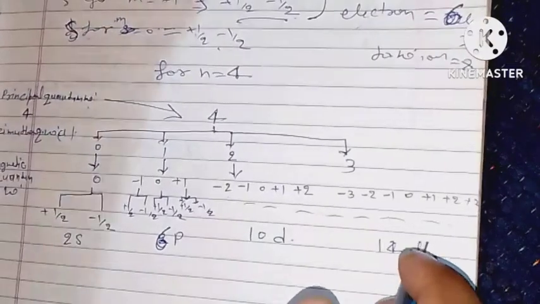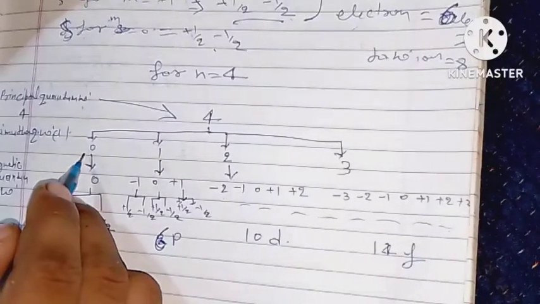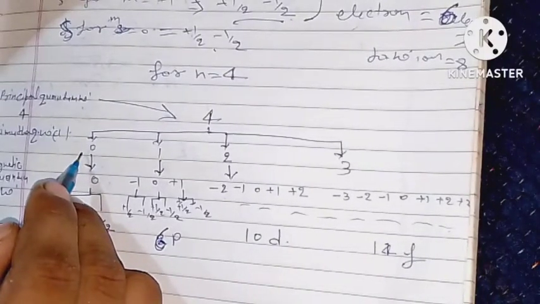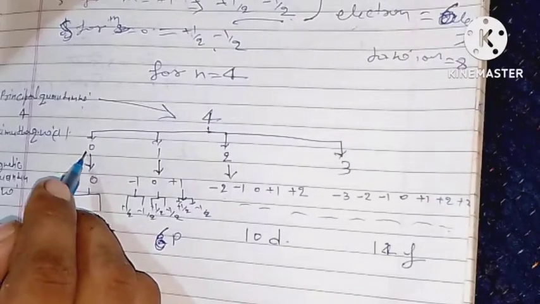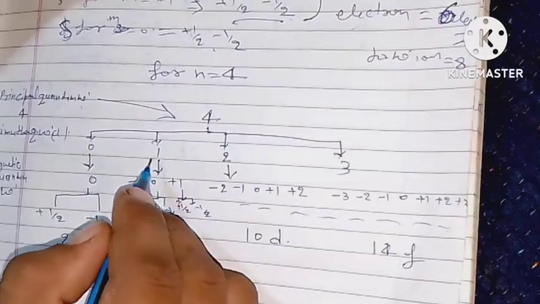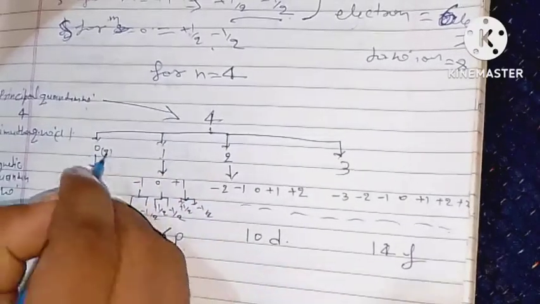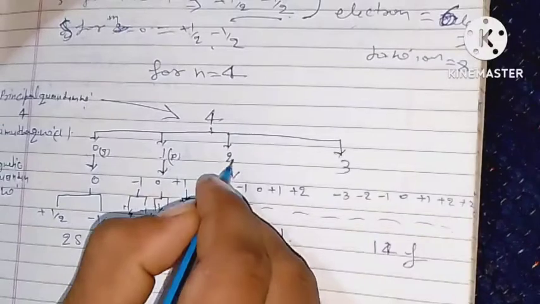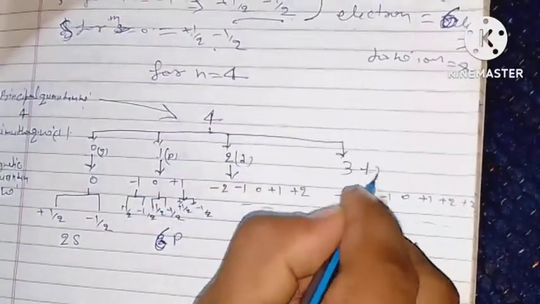Because for azimuthal quantum number 0 it is an s orbital, azimuthal quantum number 1 is a p orbital, azimuthal quantum number 2 is a d orbital, and azimuthal quantum number 3 is an f orbital.